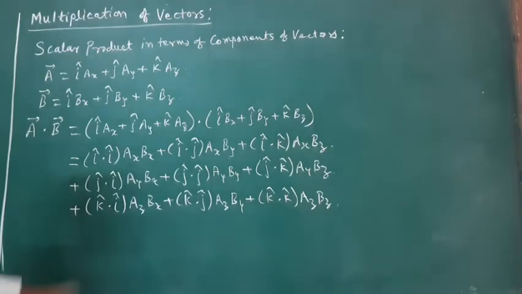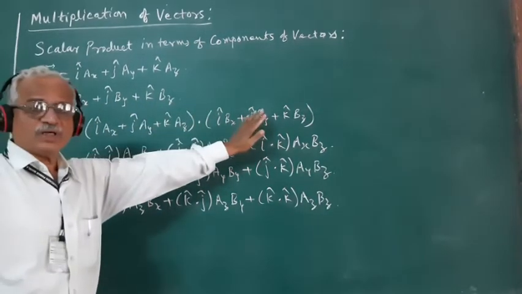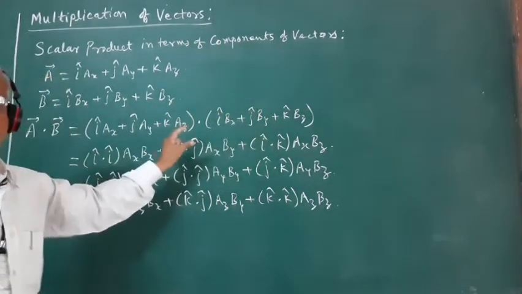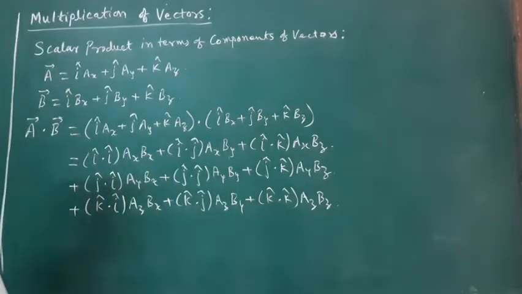So this is the multiplication of these two vectors in terms of their rectangular components.